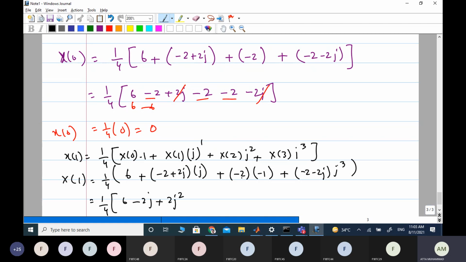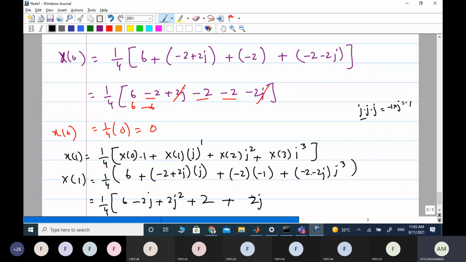Now minus into minus plus and plus into plus plus, so we have 2 here, plus from here j multiplied by j multiplied by j, so j times j is minus 1 and multiplied by j is minus j. Let's simplify it. We get minus j, and when minus j is multiplied with minus 2, it becomes plus 2, and so we have plus 2j, and when minus j is multiplied with minus 2j, it becomes plus 2j square.